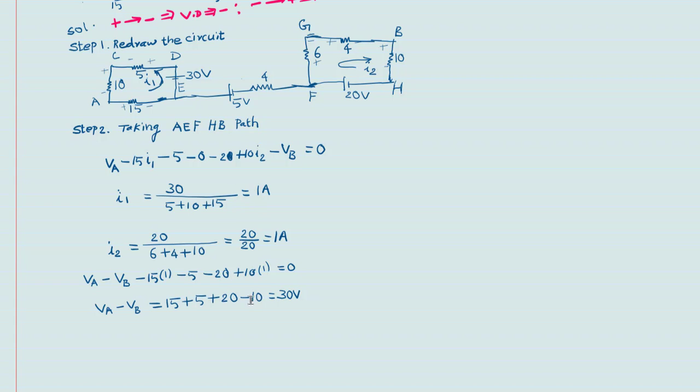Next minus 20 plus 10 into I2. I2 is also 1 ampere, so 10 into 1, is equal to 0. This VB we already brought here. So now for VA minus VB, we transfer all these elements to the right side. Then after simplification we get 30 volts. So we can also say VAB is equal to 30 volts.